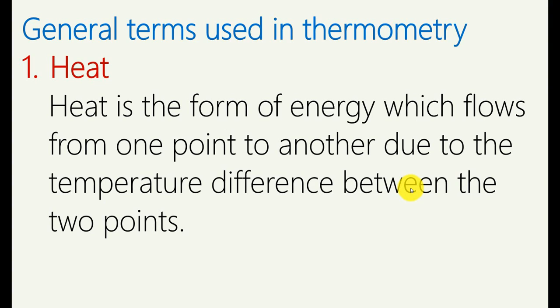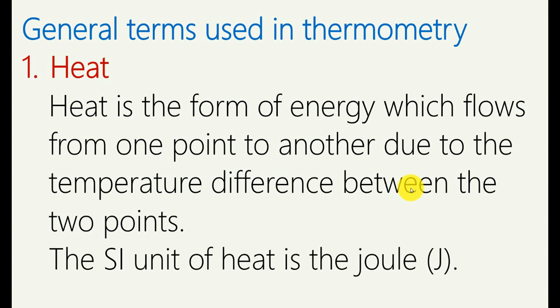But basically, the two regions or points have to be at different temperatures. And you know very well that heat will flow from a region that is at a higher temperature to that which is at a lower temperature. Now the SI unit of heat, like all other forms of energy, is the joule, abbreviated as capital J.